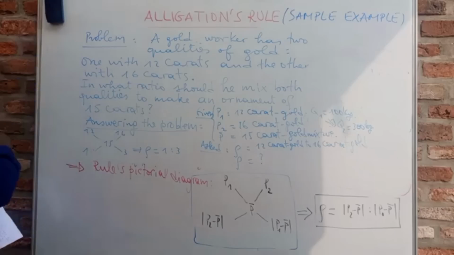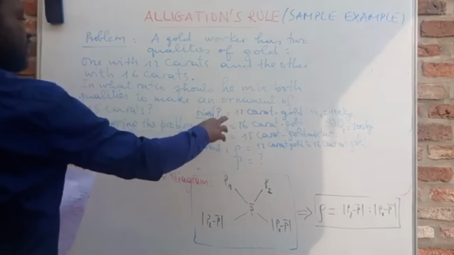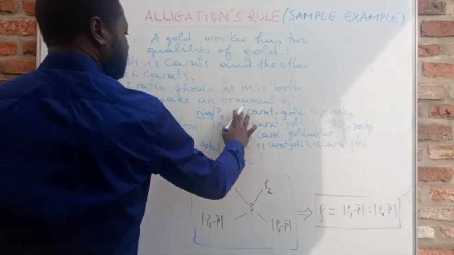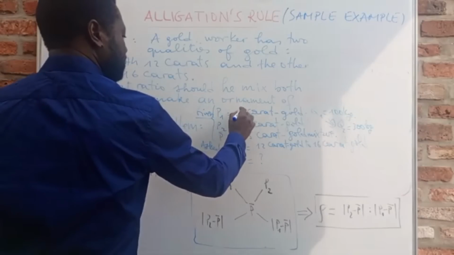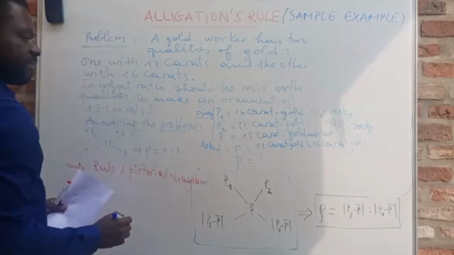Now, depending on if we started with P1 and call it 16, suppose we have P1 and call it 16, and P2 we have 12 karat gold.